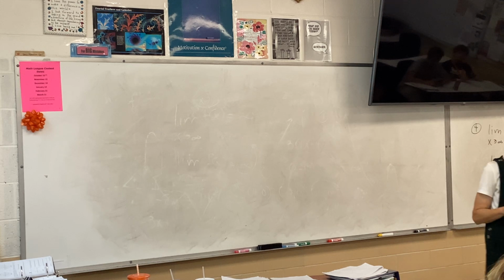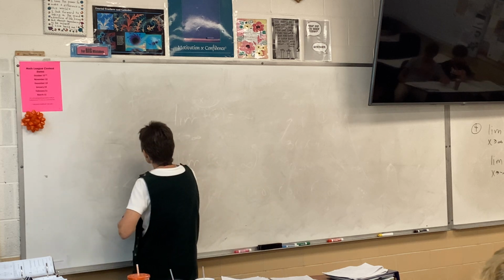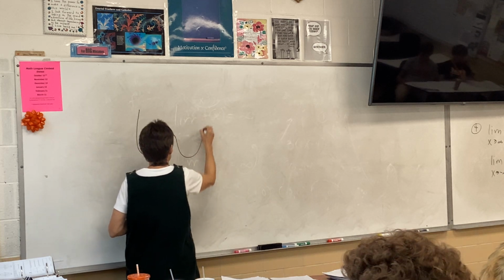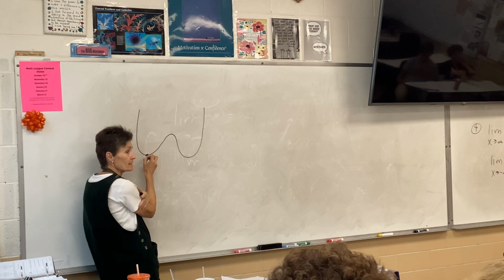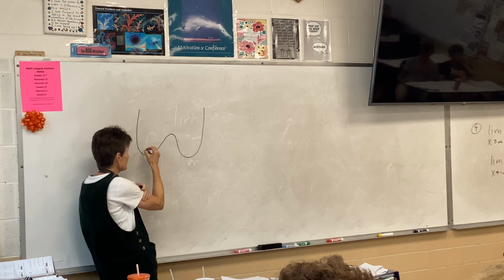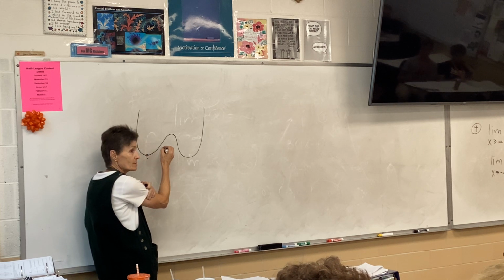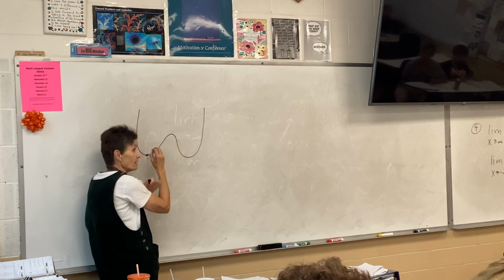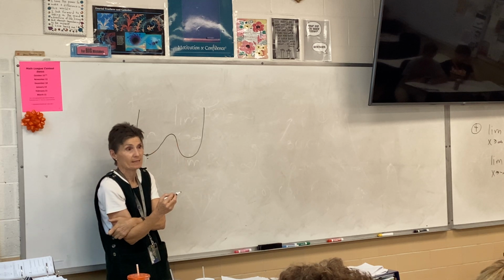Did you get a W looking thing? What is happening here? The function is decreasing, and then it becomes concave down. Okay, now wait, this isn't a conversation about concavity.